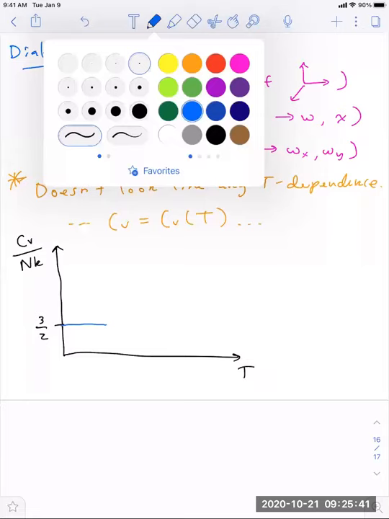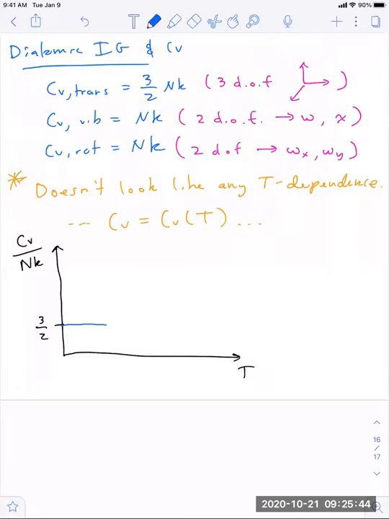And then it takes some amount of temperature to activate rotations, and then some amount of temperature to activate vibrations. Here I'm adding 1 nk, so that'd be 5/2, and then here I'm adding another nk, which would take me to 7/2.